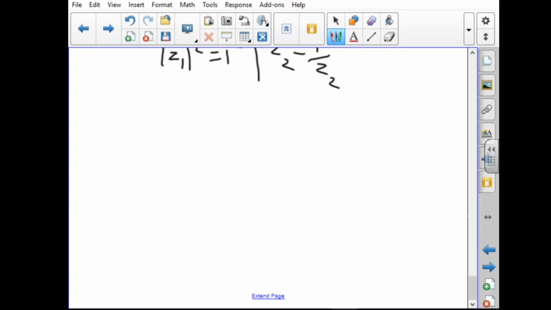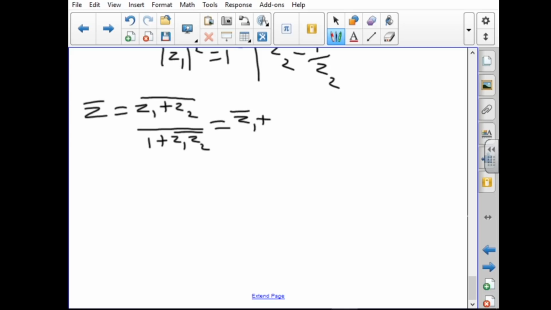So now we will take Z bar. So what is Z bar? Z bar is equal to the bar of (Z1 plus Z2) by (1 plus Z1 into Z2), so this is nothing but (Z1 bar plus Z2 bar) by (1 plus Z1 bar into Z2 bar).